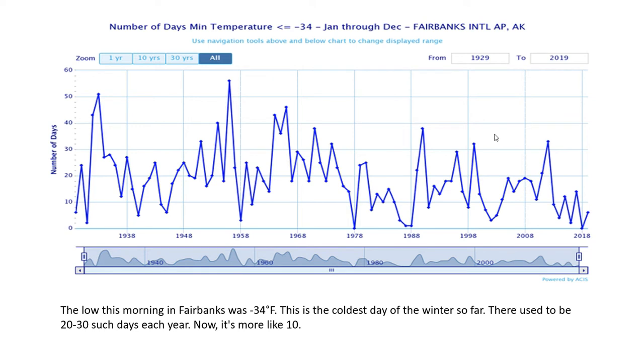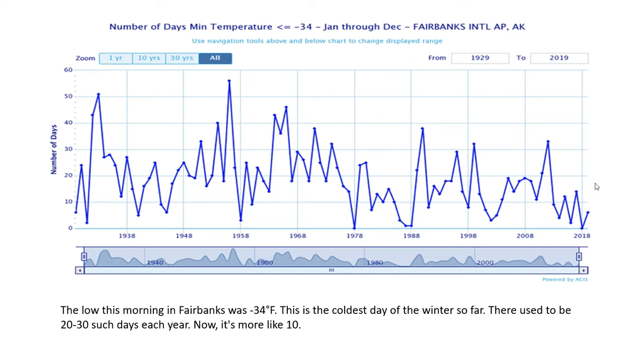So, and as you can see in this graph here, the trend is very clear. It's just dropping down. I mean, the last time we saw any number of days at 34 below or colder above 40 is basically in the mid-60s. 1978 is really interesting. No days, didn't get that cold. And look down here also as well. And then of course that's 2018.